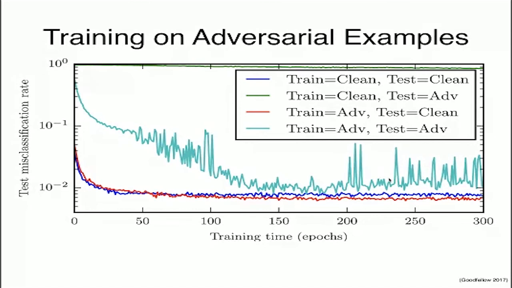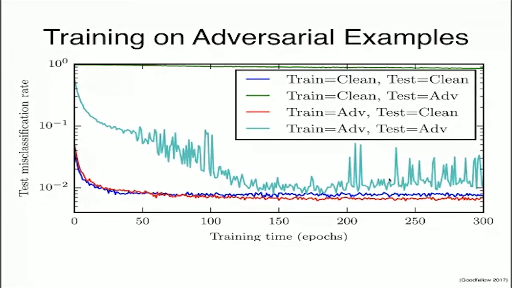The blue curve is if we train only on clean examples. The red curve is if we train on adversarial examples, using an algorithm that we call adversarial training. The green curve that stays up at the very top, that's the error rate on adversarial examples if we train only on clean examples. So just training the neural net does almost nothing to improve performance over time.